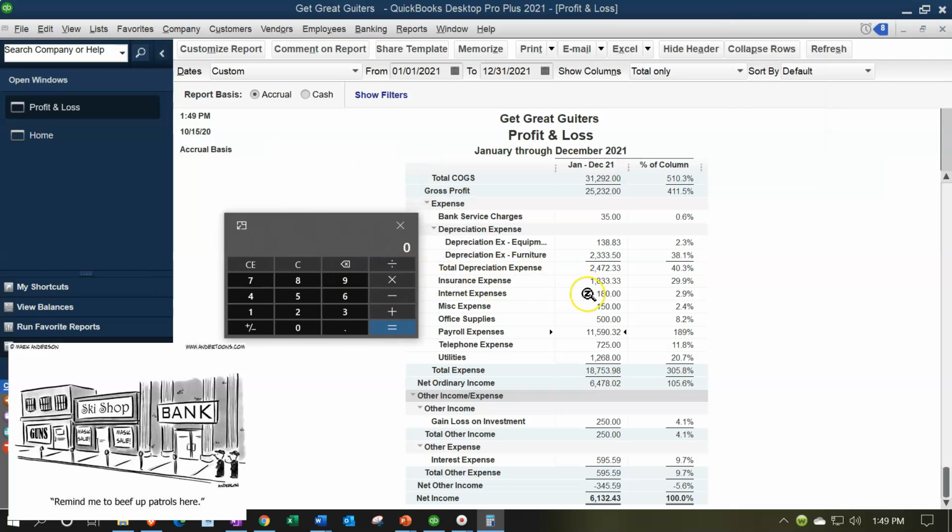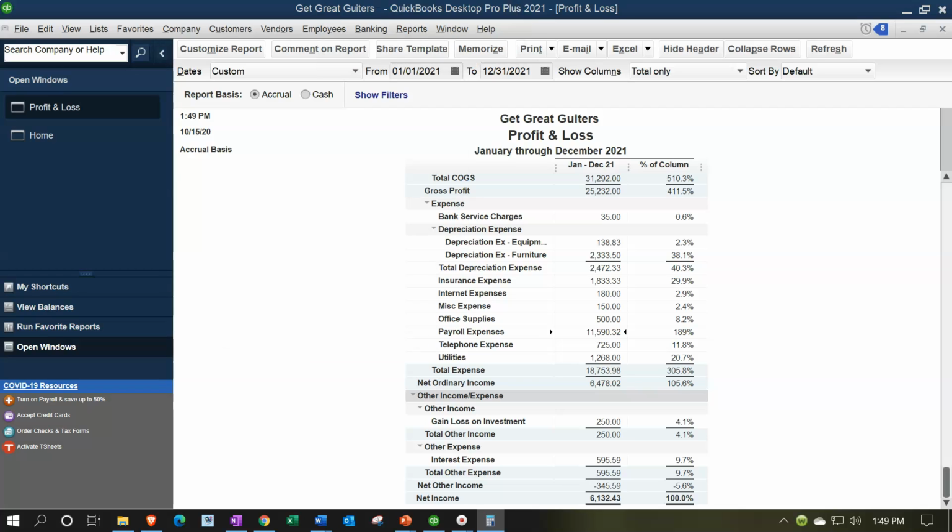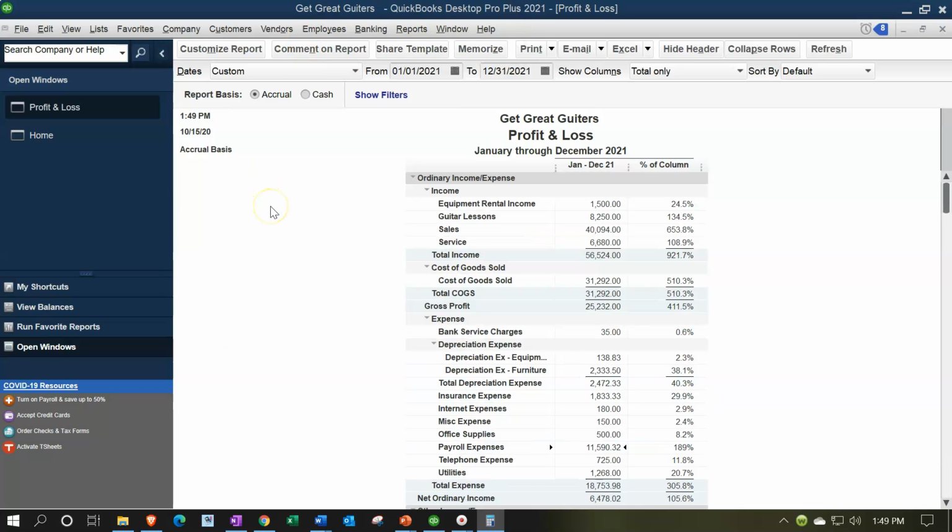You're trying to say now the net income, revenue minus expenses, and you're comparing everything in relation to the net income. So for example, payroll, we got the 11590.32 divided by the net income down here of the 6132.43, and that's going to be, if I move the decimal 2 places over, 189%. Again, not the most common usage, so just be aware that if you look for vertical analysis and you choose that one, it's not the most common kind of vertical analysis.